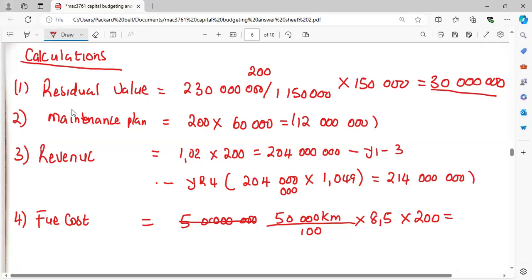This one is liters, am I right? I'm still lost on that one. These are liters, 8.5. What we want here is 50,000 kilometers, and I say 8.5 liters per 100. So this is the 100. Then times 200 buses.